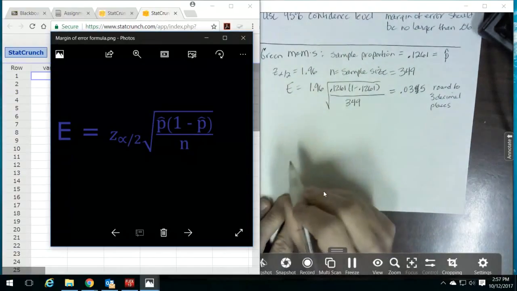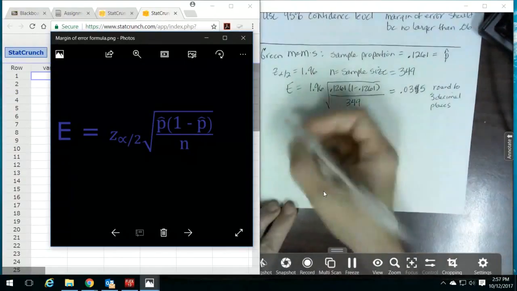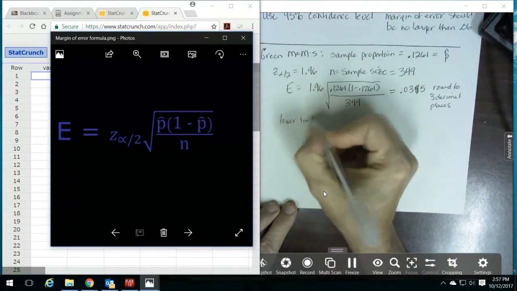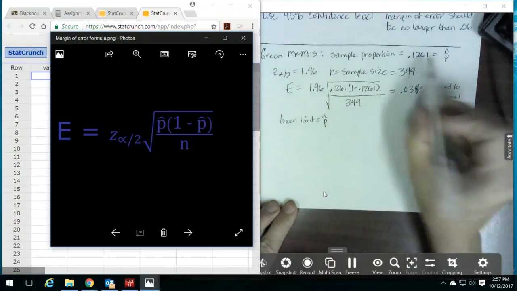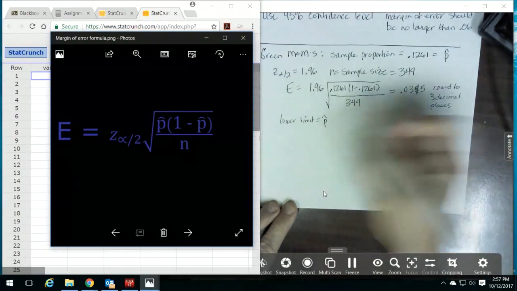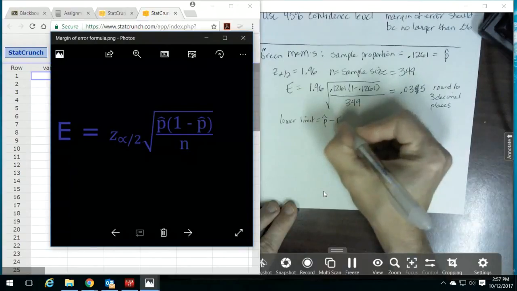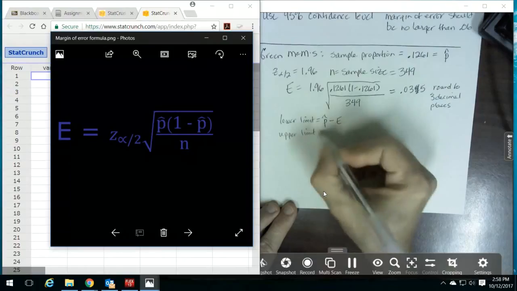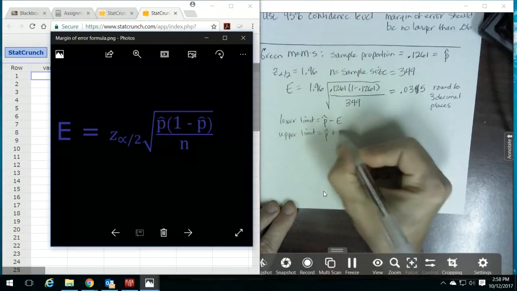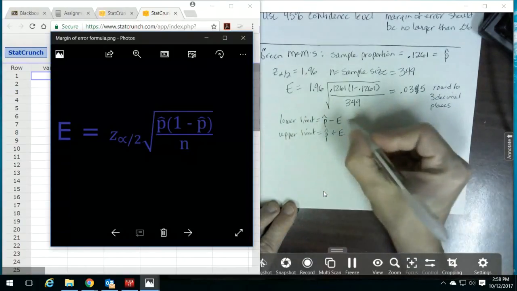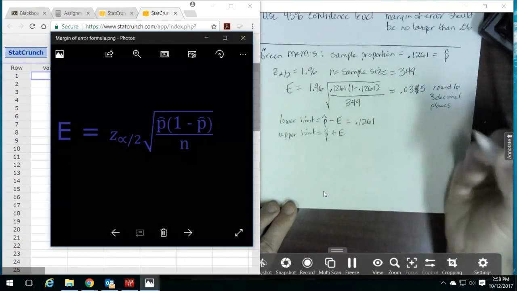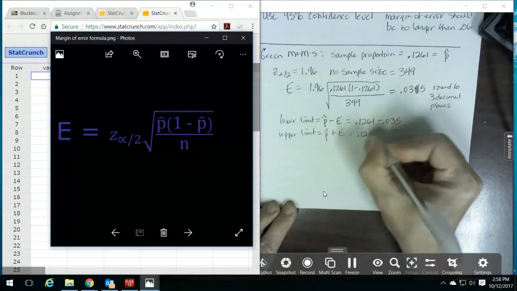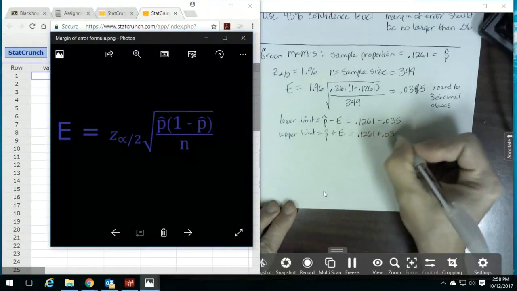So then the next thing is to actually figure out the lower and the upper limits for my confidence interval. So my lower limit is my sample proportion, which was the 0.1261, minus the margin of error. My upper limit is my sample proportion plus my margin of error. So I've got the 0.1261 minus the 0.035 and the 0.1261 plus the 0.035.